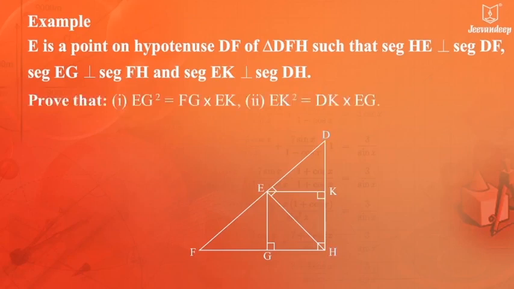Prove that 1. EG square equals FG multiplied by EK. 2. EK square equals DK multiplied by EG.